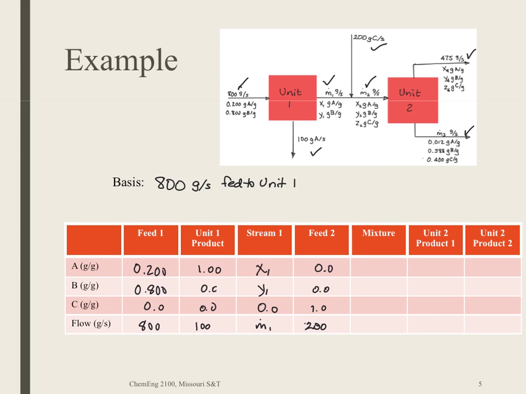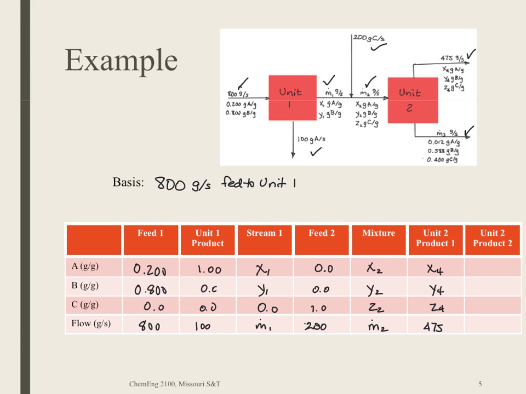The mixture, well, I don't really know much about it except for X2, Y2, and Z2 were the designated compositions, and the flow rate is M2. For Unit 2's products, for one, I know the flow rate, but not the composition.